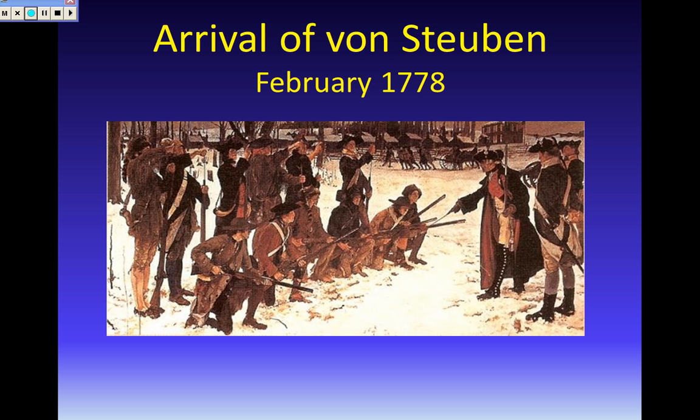And von Steuben comes, and he is going to bring this army into shipshape condition. And he instills a lot of traditional European military tactics that these soldiers needed to learn how to use. One of the things he did was teach his soldiers how to use the bayonet. So the bayonet on your rifle, on your musket, you can see him kind of holding one, or these soldiers here, it's sort of the metal part, like the knife that sticks out from your gun.